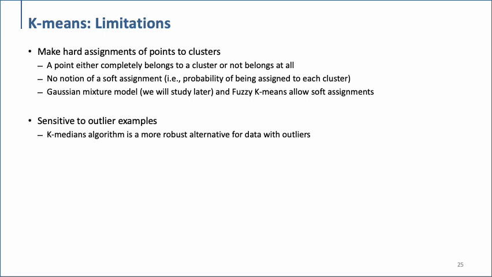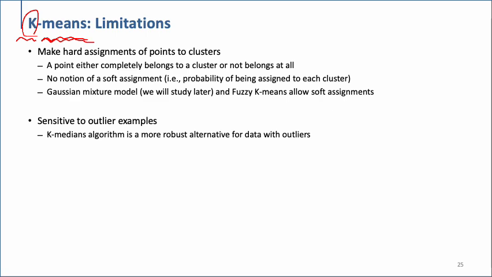So that's it for the k-means clustering algorithm. We know what the k means and what the means mean. The k is basically the number of clusters, and means is the average within the clusters.